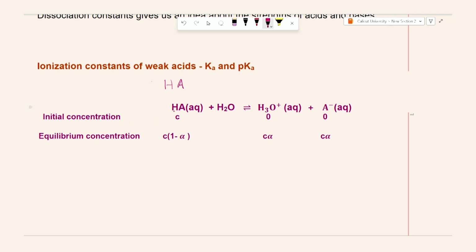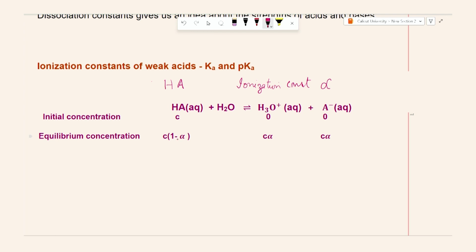Initially, if I am starting with C moles of HA per liter, it does not get dissociated initially, and therefore the concentrations of H3O+ and A- are 0 moles. At equilibrium, let the degree of ionization be alpha.